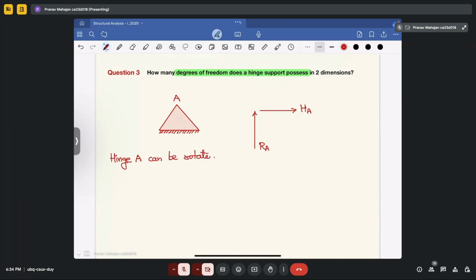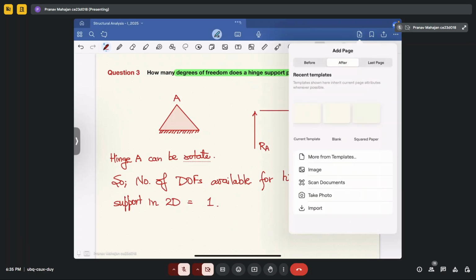So the number of degrees of freedom available for a hinge support in 2 dimensions is equal to 1.